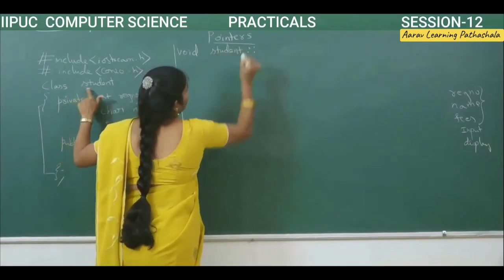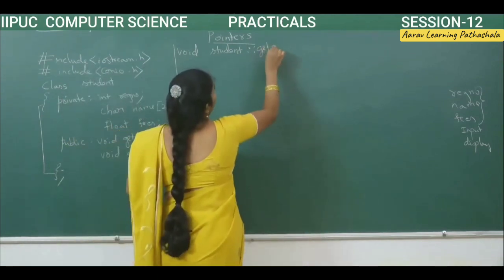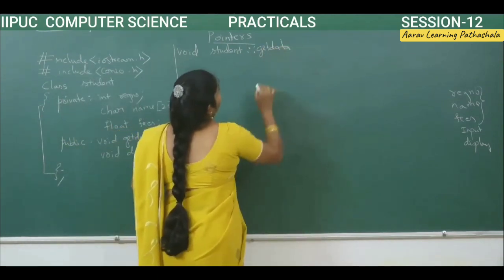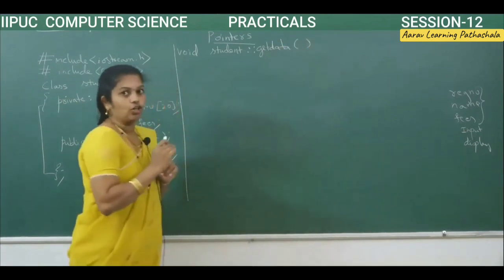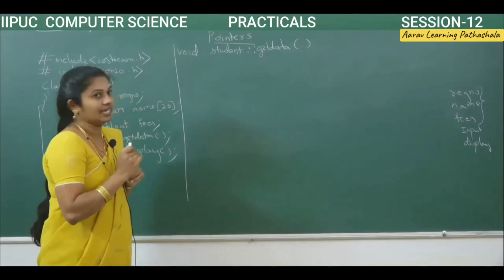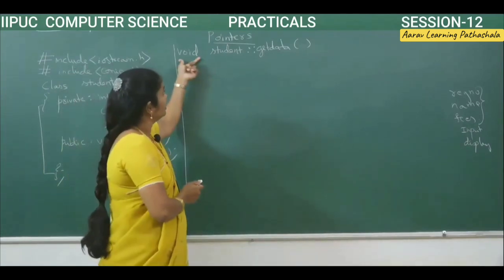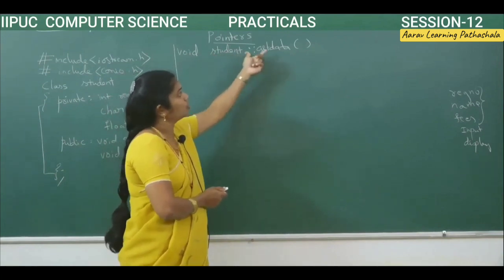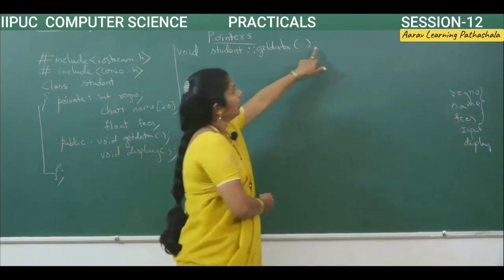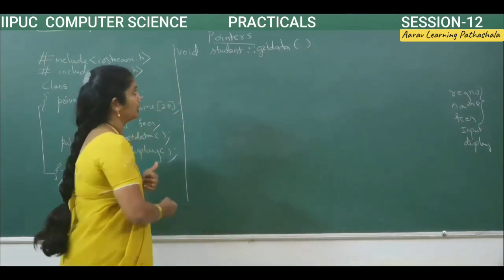Next, the scope resolution operator, then the getdata function. Void is the return type, student is the class name, then the scope resolution operator and the getdata function. Here don't put a semicolon because now we are writing the body of this function.